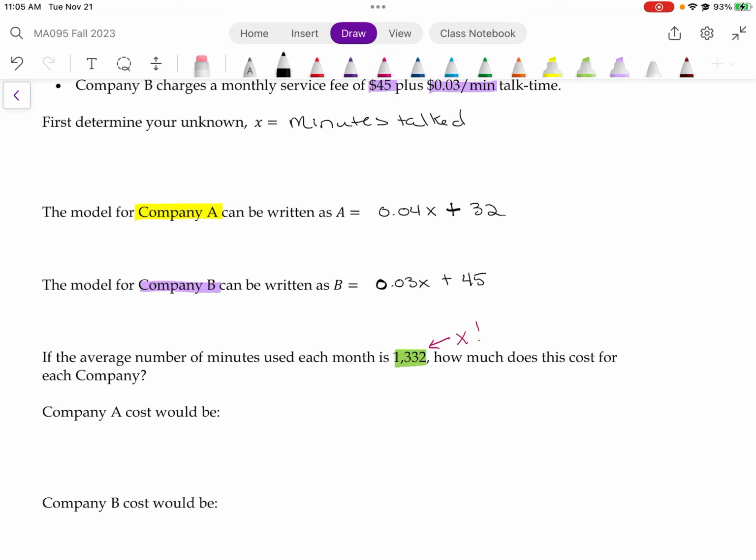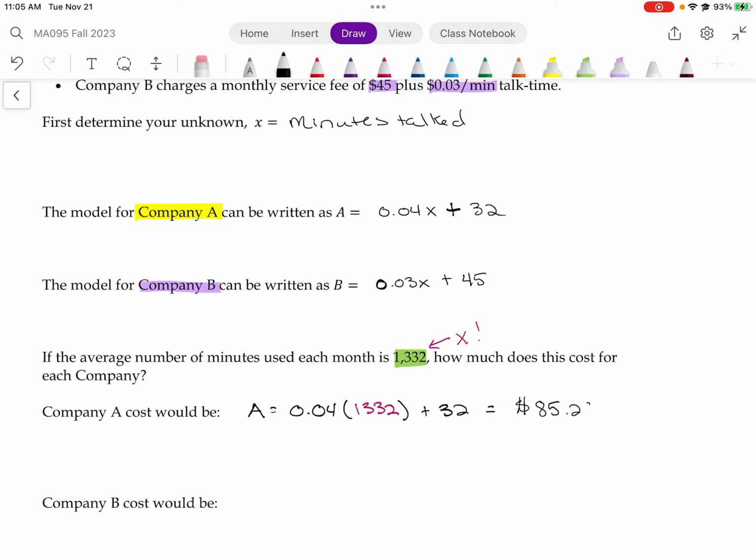So we're going to have A equals 0.04 times our 1,332, plus 32. And when you work that out on your calculator, you should get, and this is in dollars, 85.28.